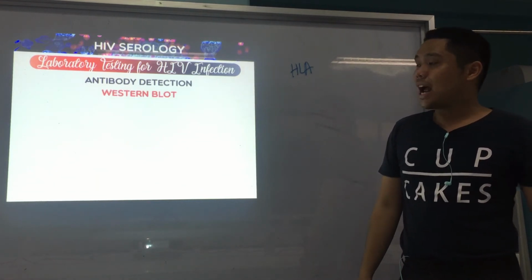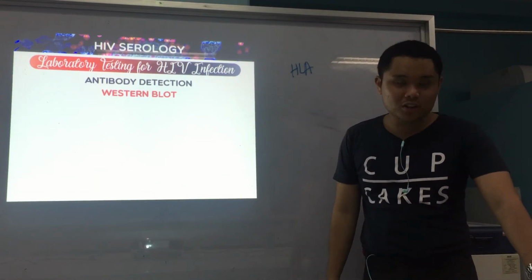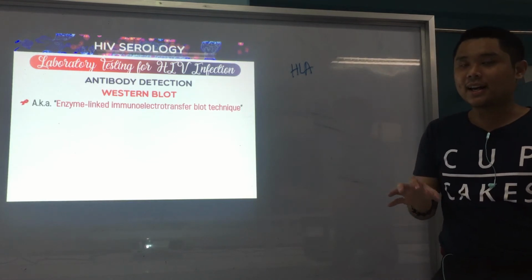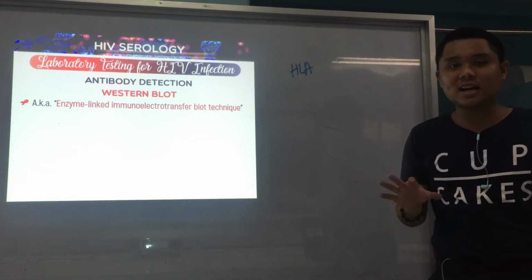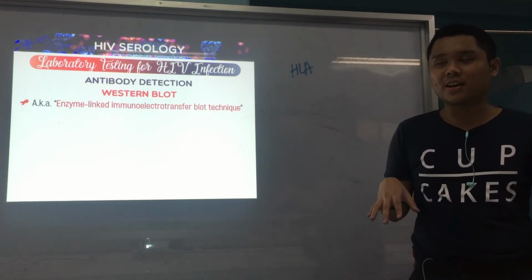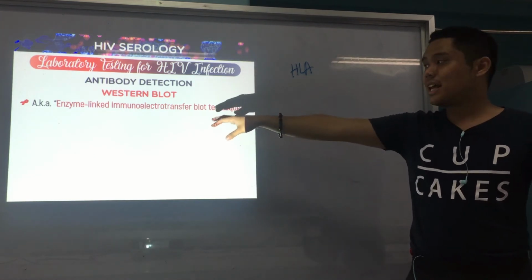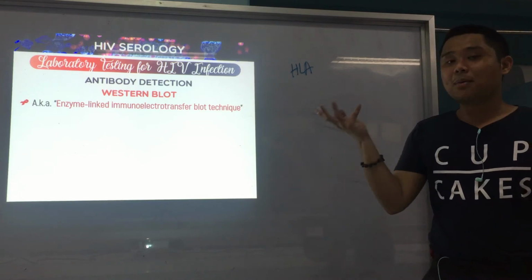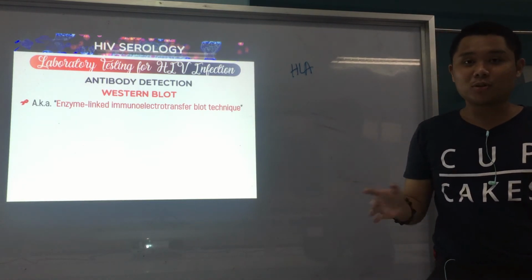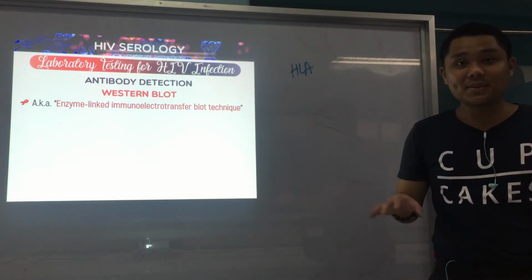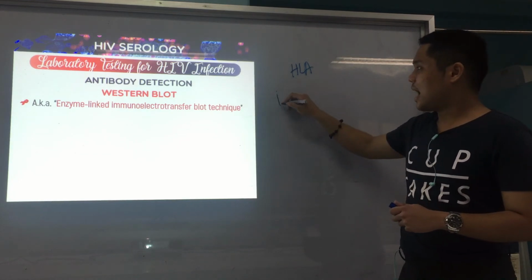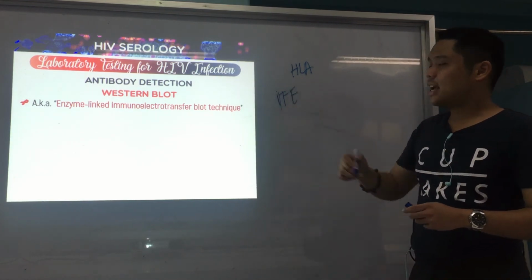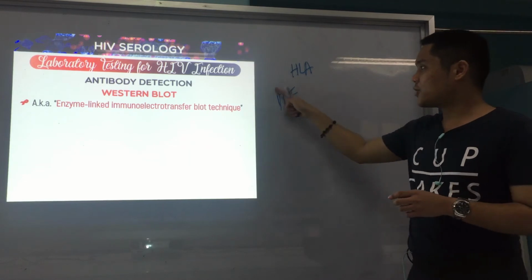Okay. Now, for antibody detection by Western blot, which has been considered the gold standard test for the detection of HIV for many years, your Western blot is also known as the enzyme-linked electrotransfer blot technique. And it's also a modification of the precipitation method, immunofixation electrophoresis, IFE. The Western blot is a modification of this.